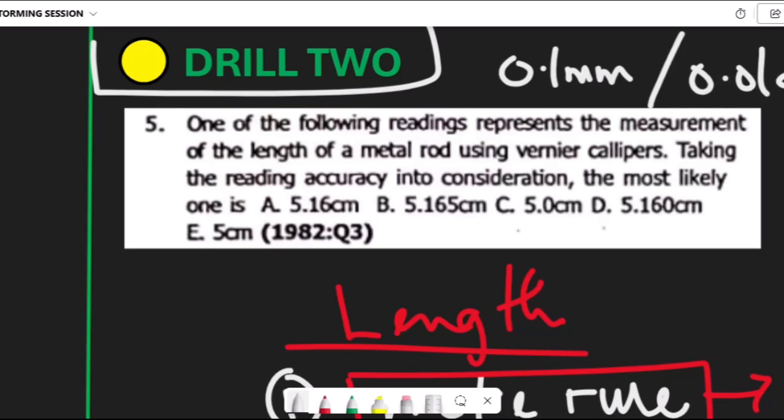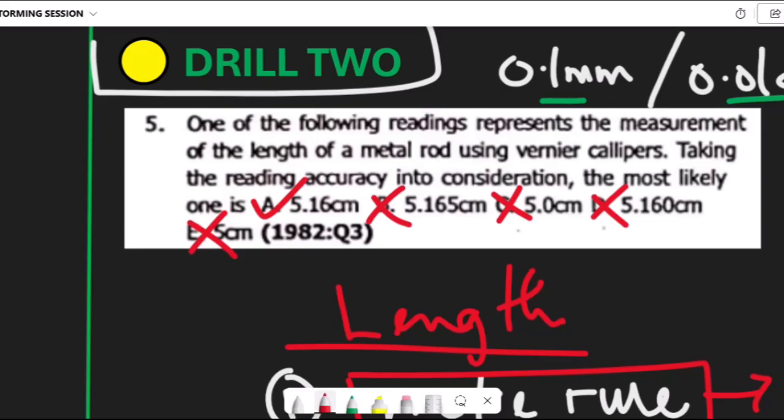So it's either we have a 1 decimal place millimeter or a 2 decimal place centimeter. Let's look at it. A has 2 decimal place centimeter. I think A sounds correct. If you look at B, it has 3 decimal place centimeter, and that's wrong. C has 1 decimal place centimeter, wrong. D has 3 decimal place centimeter, wrong. While E has no decimal place centimeter, that's wrong.